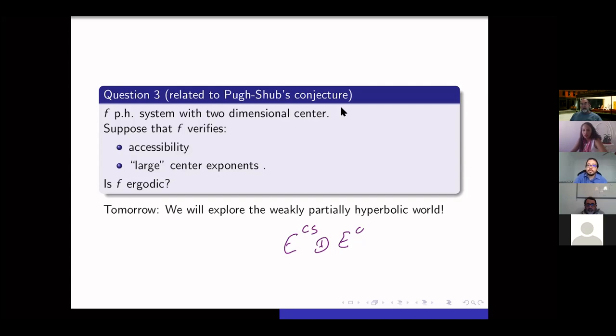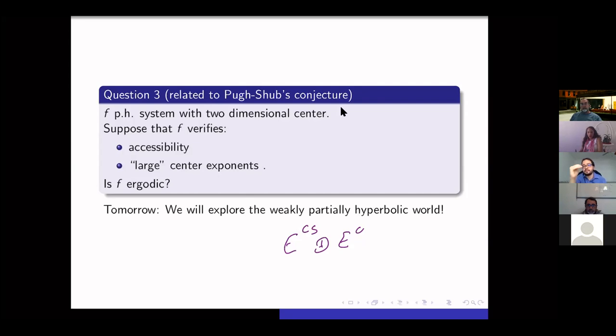So I think something could be said if you look at the natural extension of your system and try to construct stable manifolds for the natural extension of your system. So I think something could be said.